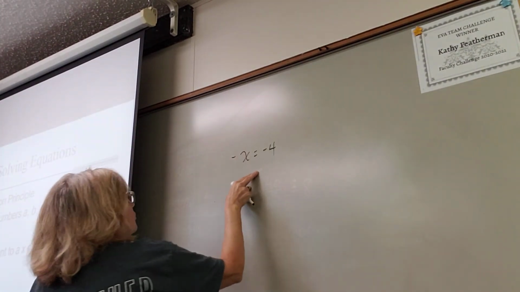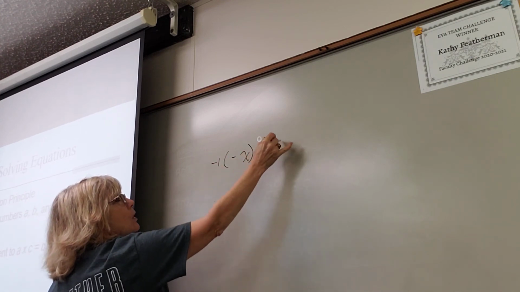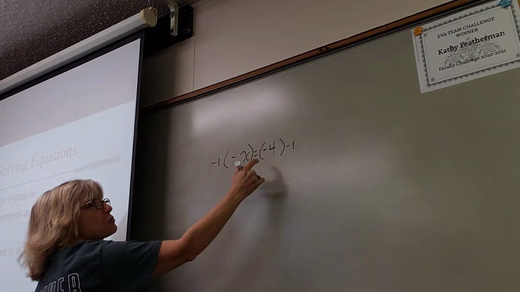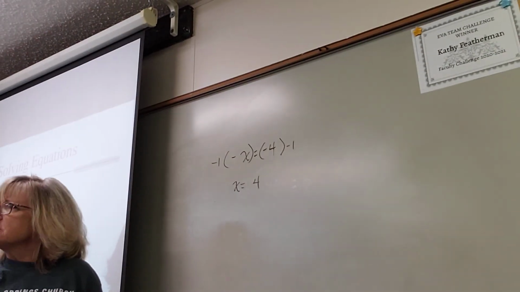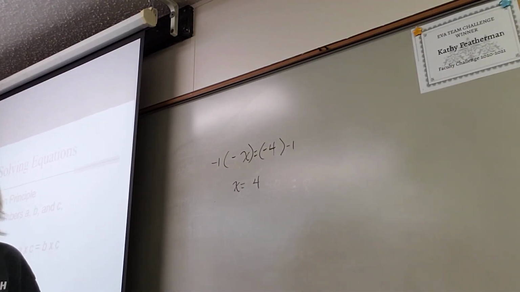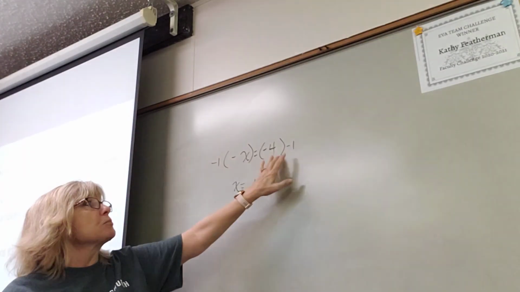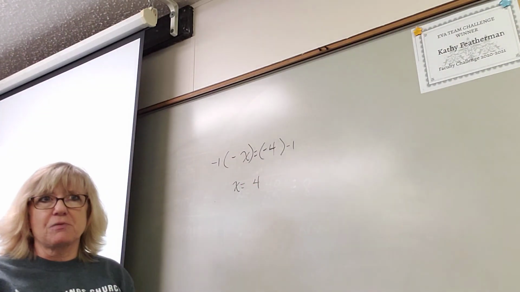So we would consider using the multiplication principle, multiplying by a -1. Now this becomes positive x, and this would become a positive 4. So if you needed to change the sign, you simply multiply everything by the -1. You just have to make sure you do it all the way through. If you had multiple terms here, you would multiply everything by the -1. Does that make sense?